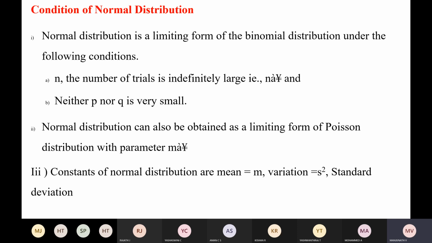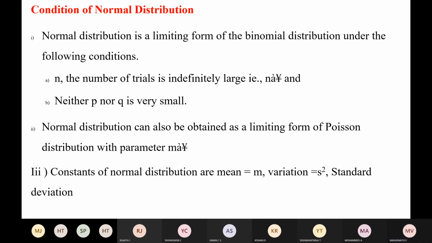ND is applied for large sample size problems. Usually, any sample size more than 30, we consider as large.